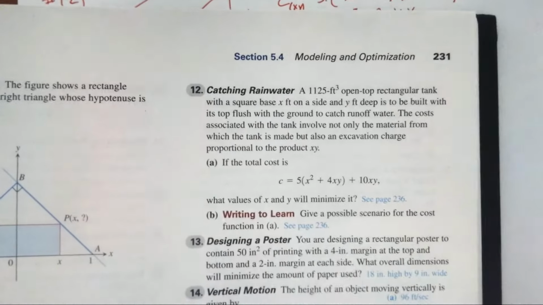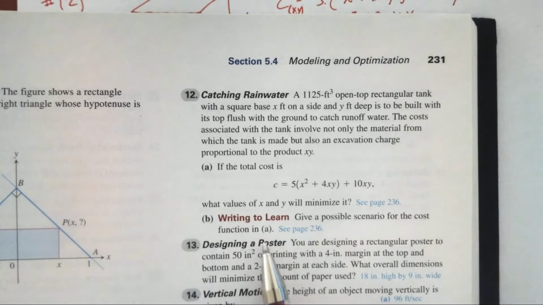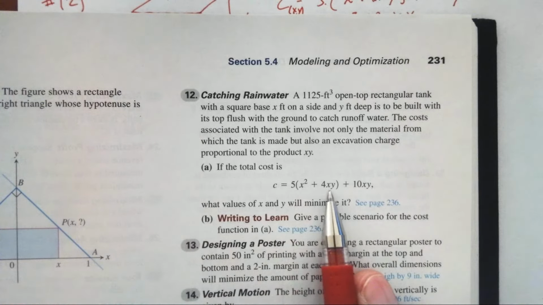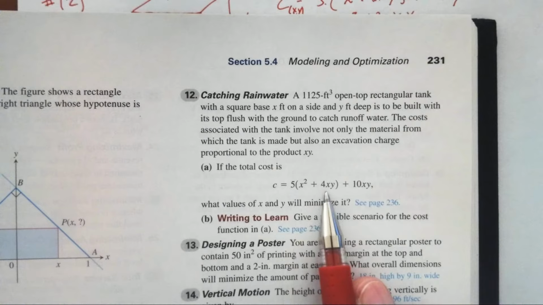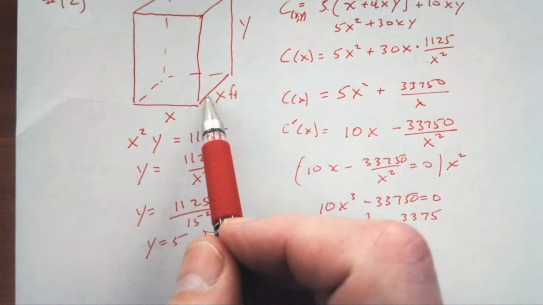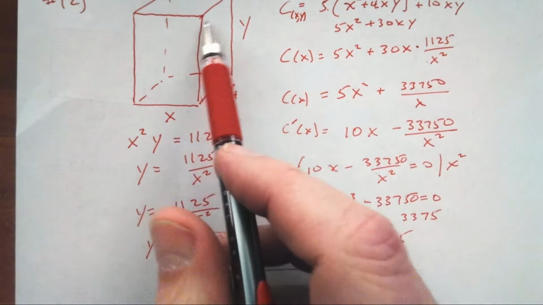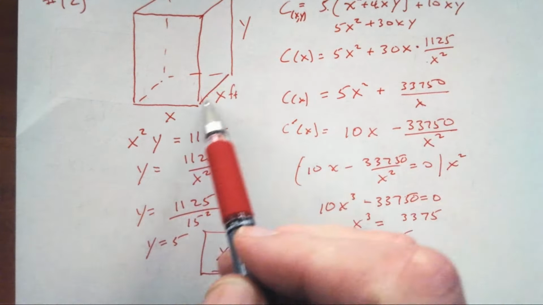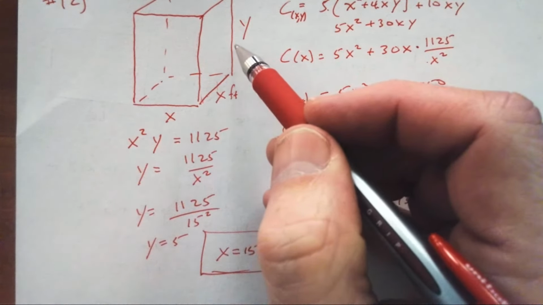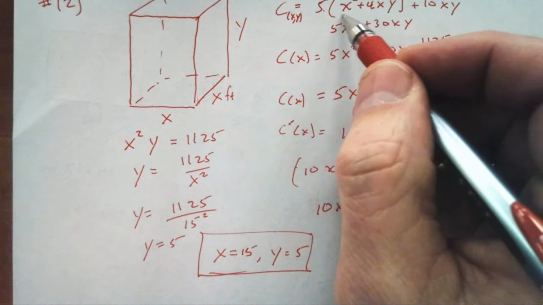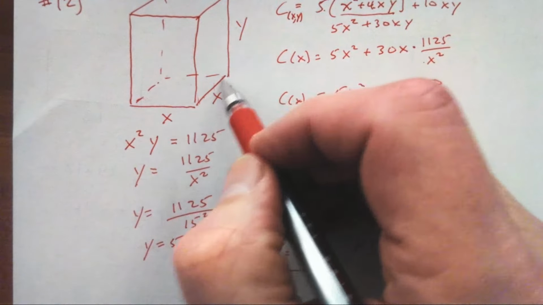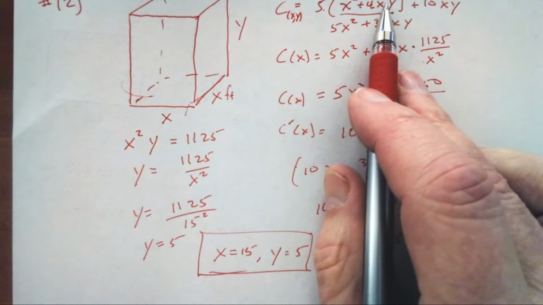And the B question then asks, give a possible scenario for the cost function. 5x squared plus 4xy. Let's look at x squared plus 4xy. X squared would be our base, plus xy and xy for the sides. That's our total area.